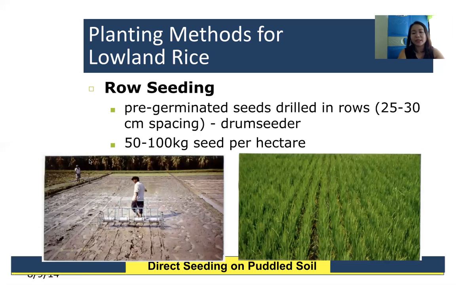Pre-germinated, of course, meaning you have to soak them for 24 hours or more. Another one is row seeding, wherein pre-germinated seeds are drilled in rows with 25 to 30 centimeters spacing, using a drum seeder and 50 to 100 kilogram seed per hectare.